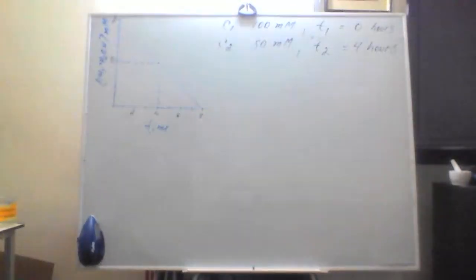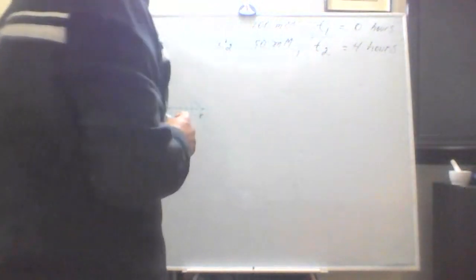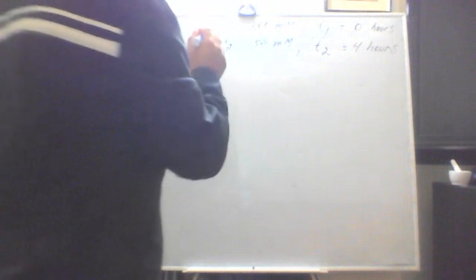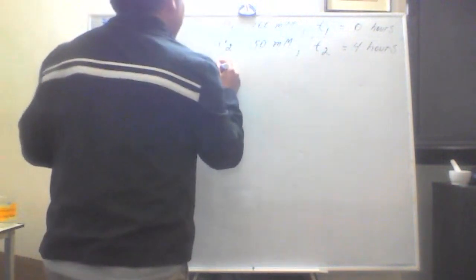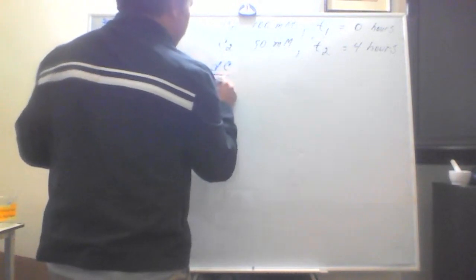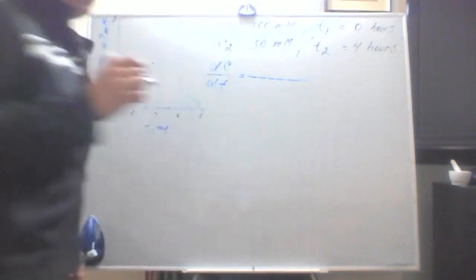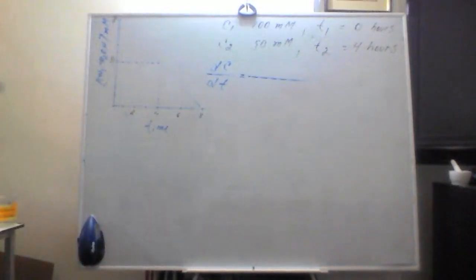Okay, so now we got the data that we need to compute what is called a rate constant. This is how you get a rate constant. So we get the concentration and the time. In here we want the change in the concentration over the change in time. And for that, we do the standard way, the way you would do a slope calculation. It's like a slope calculation.